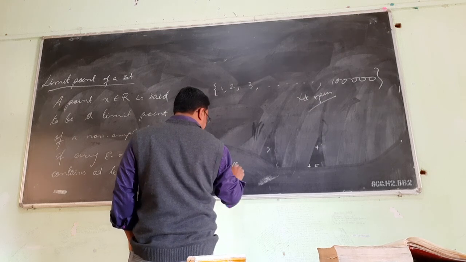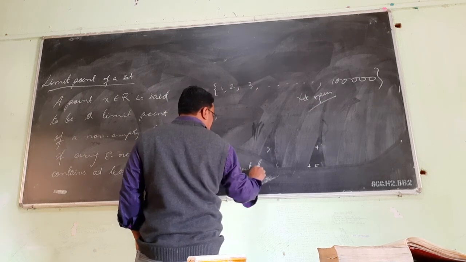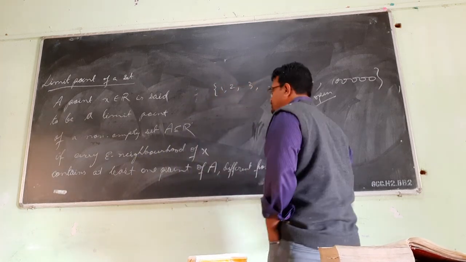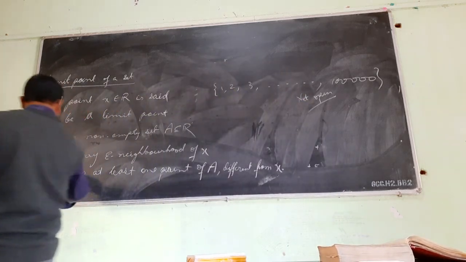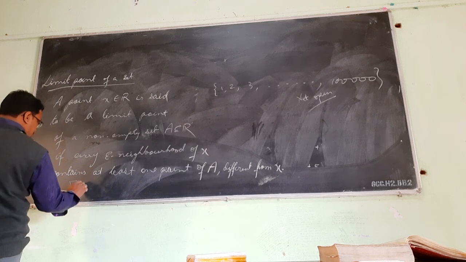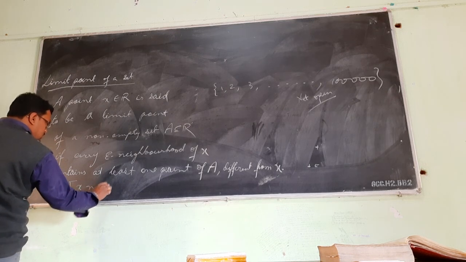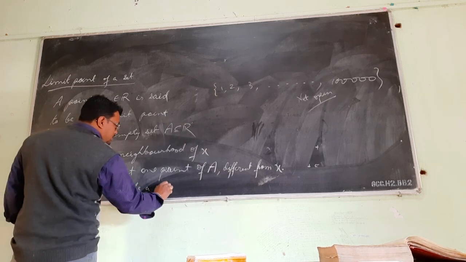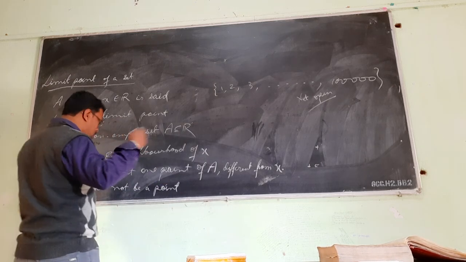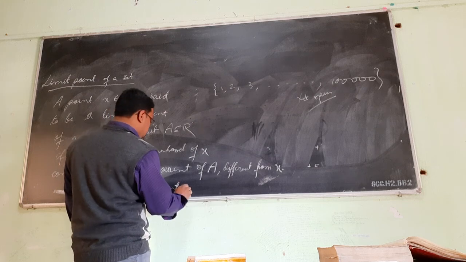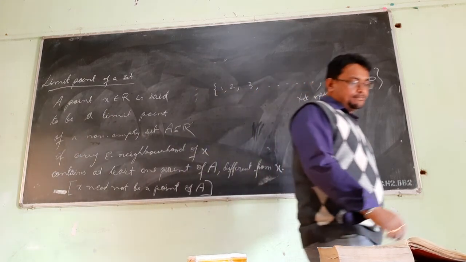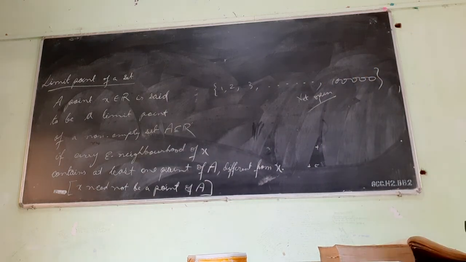Small x need not be a point of A. A limit point of a set may be a point outside the set; this small x is not necessarily a point of capital A.